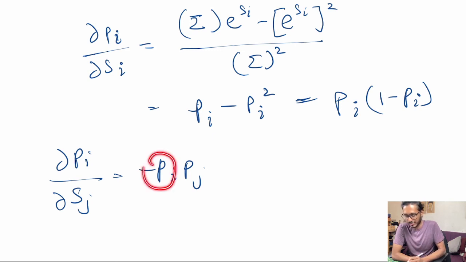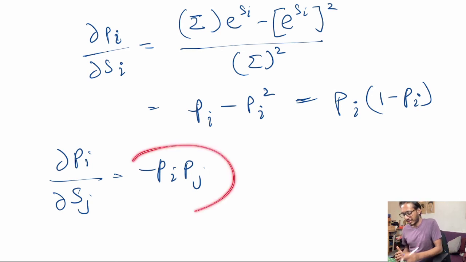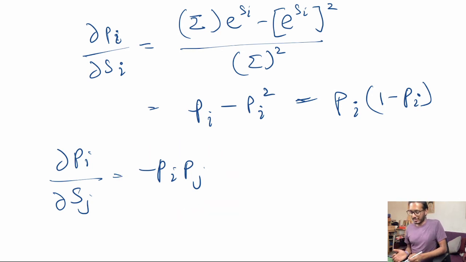If pi is a small value, it doesn't do much. If pj is a small value, it doesn't do much. But if they are both high values, then there's contention over which category they should belong to, so there is a considerable change in the derivative.